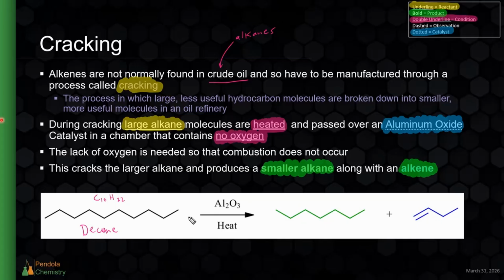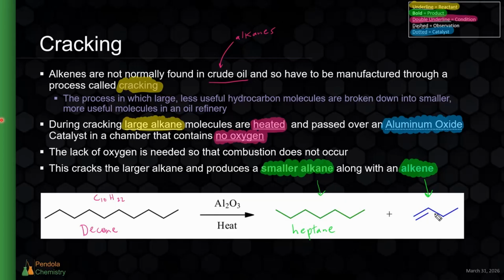In this case, the smaller alkane that comes out of the decane is this compound right here, which if we count, we have 1, 2, 3, 4, 5, 6, 7. So this is heptane. And an alkene, which is this right here, which is 1, 2, 3, 4.